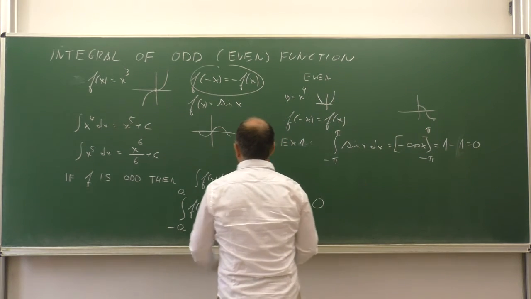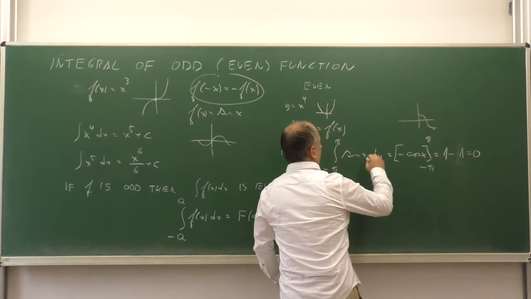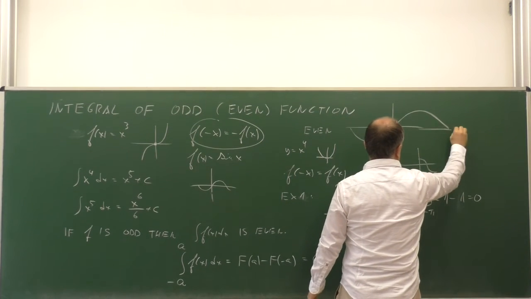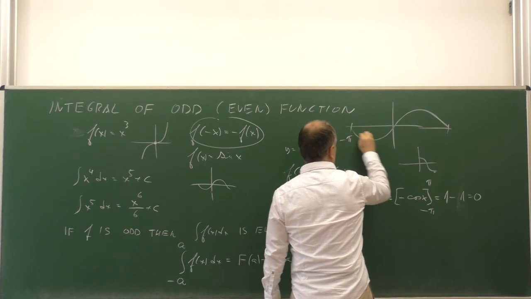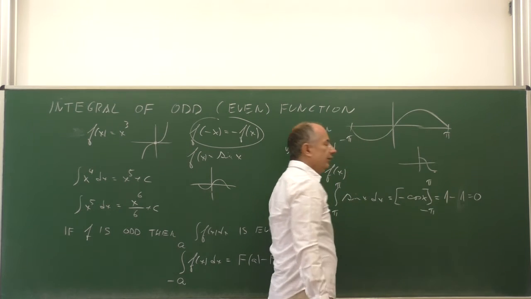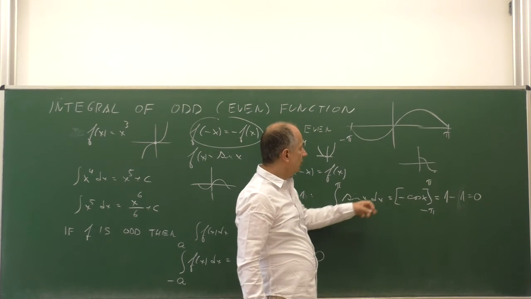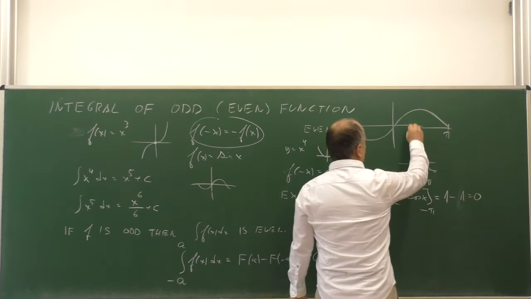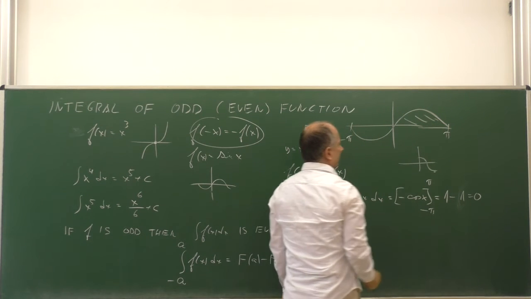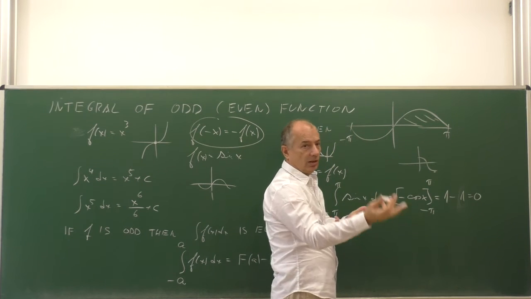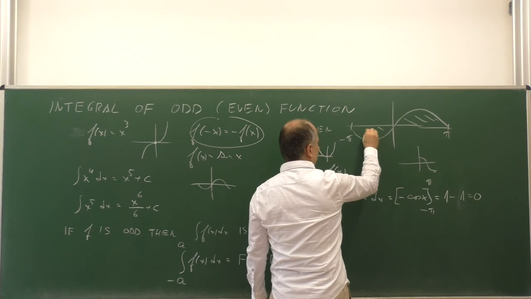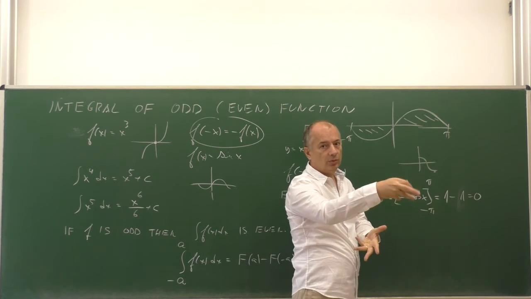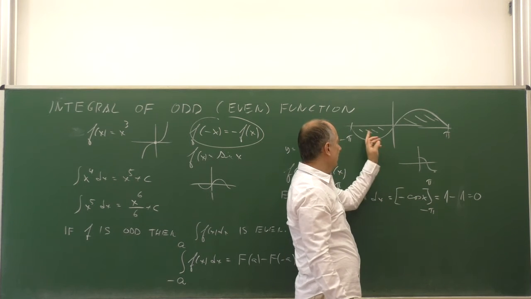It can be visualized by this graph. Let me sketch this in better scale. If the integrated function is odd, then the graph is symmetrical with respect to the origin. So this area has a counterpart on the left, and if the function is positive, that means this contributes some positive contribution to the result, and then this is negative.